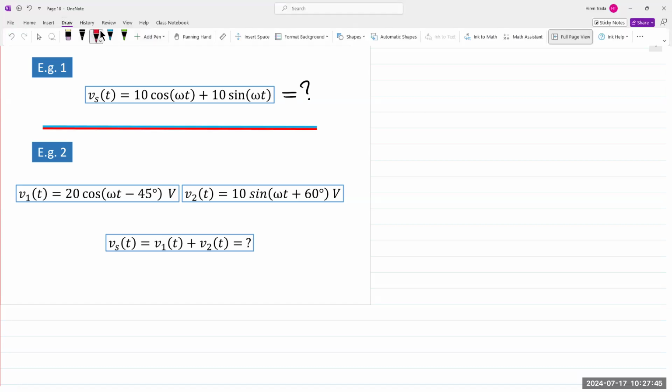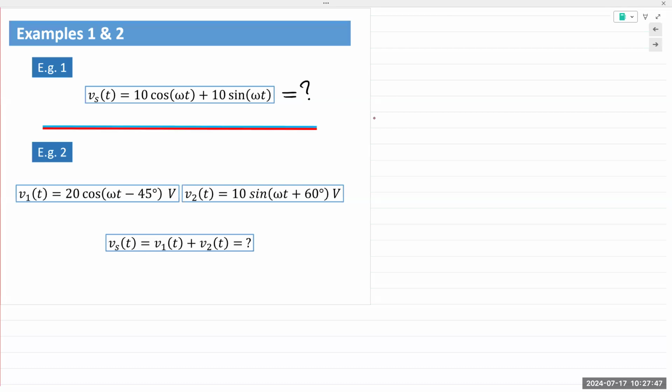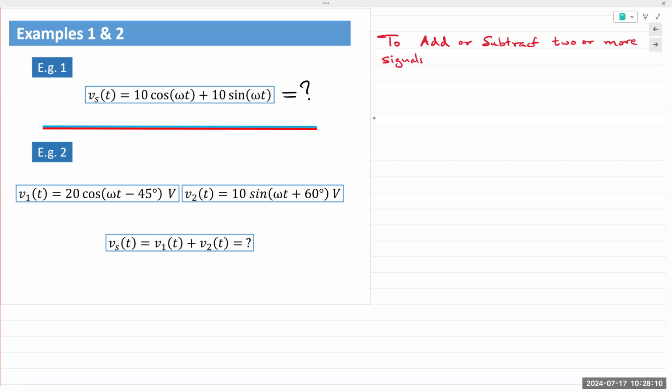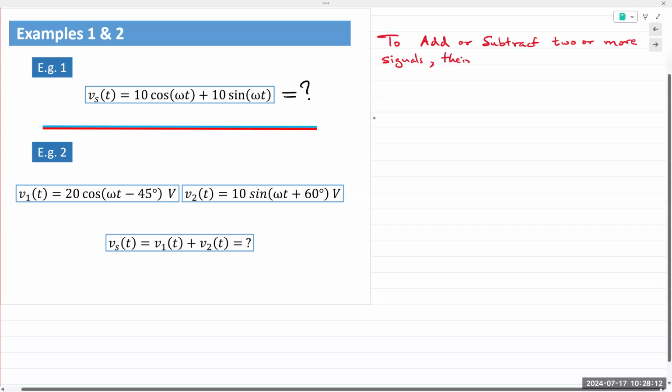In order to add or subtract two or more signals, sources, waveforms, functions, all synonyms in this case, their frequencies must be the same.